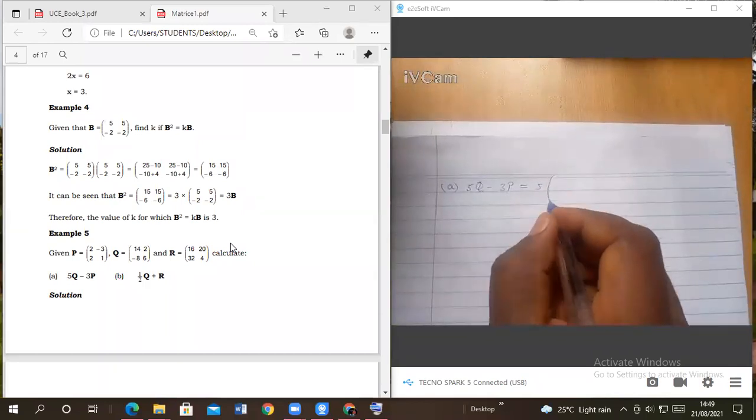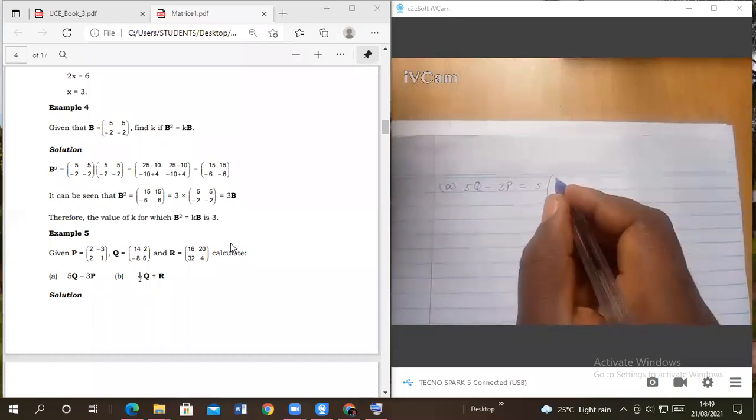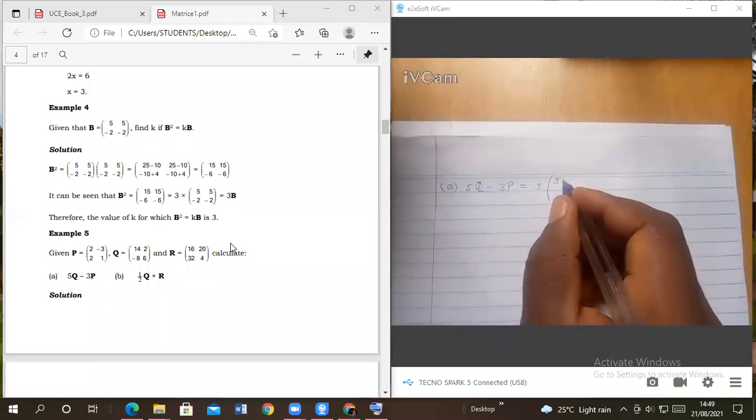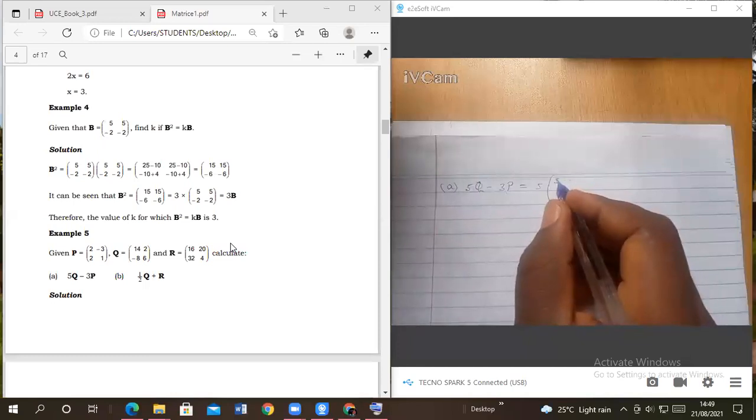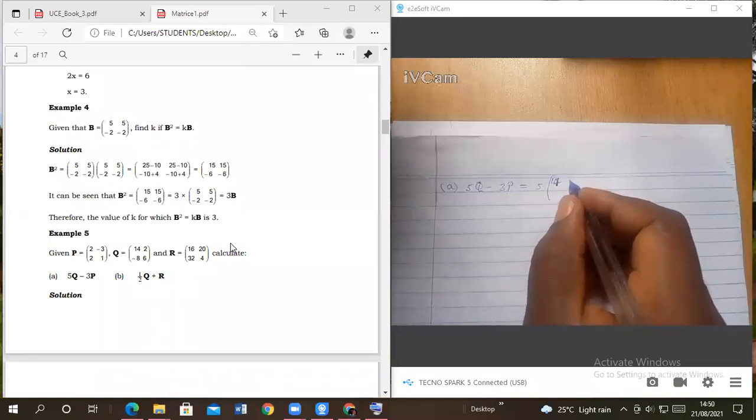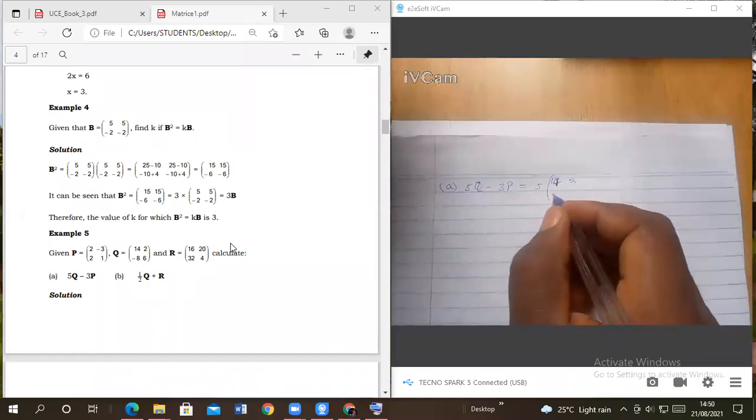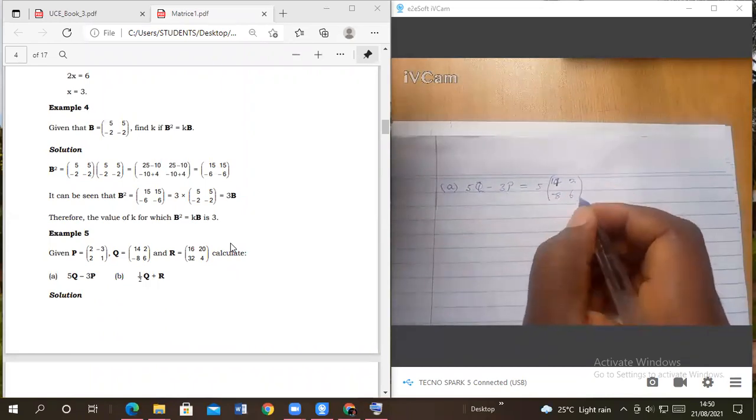5 into the matrix Q, substituting there, which is 14, 2, negative 8, 6.